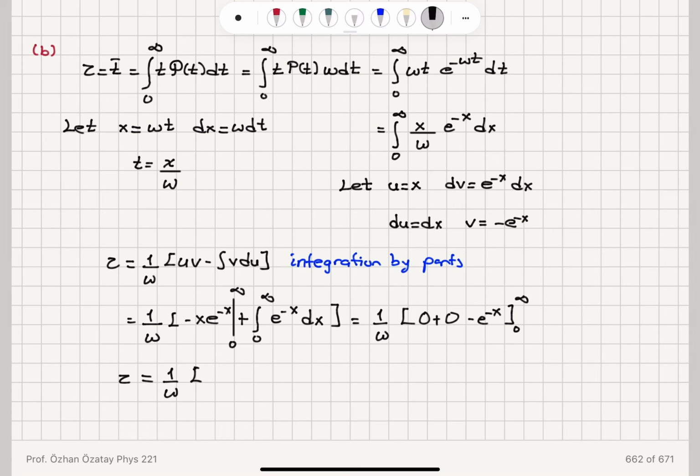I will have evaluated infinity is 0, evaluated 0 is 1, so it is minus 0 minus minus plus 1. So this gives me the tau, mean free time, to be 1 over omega.